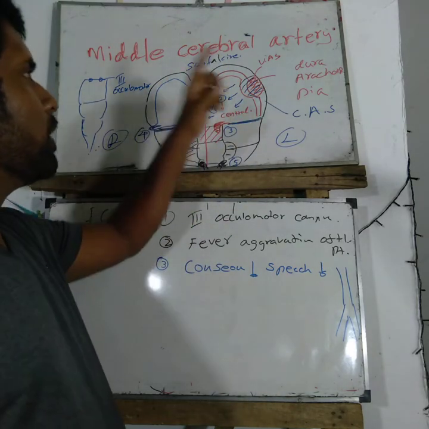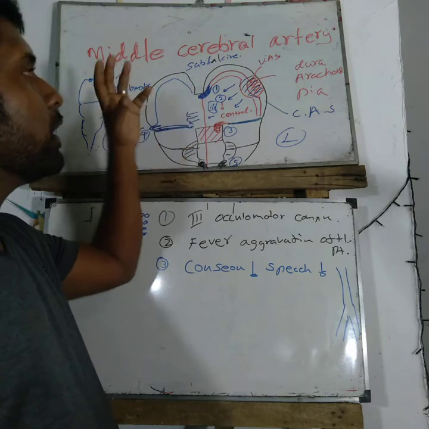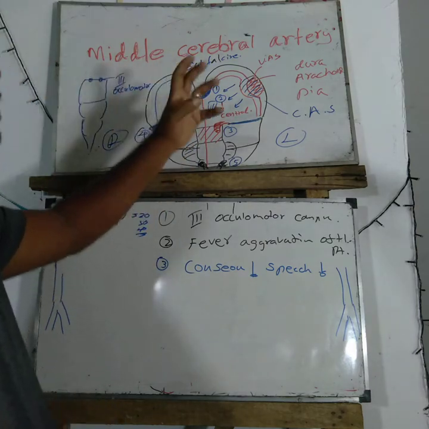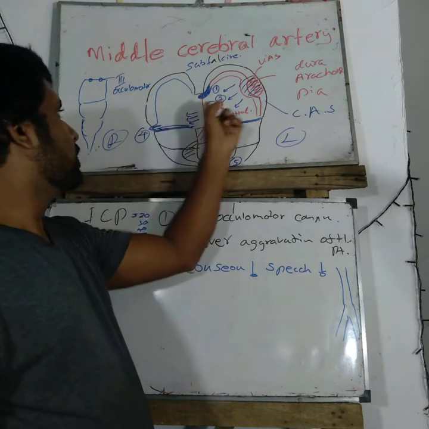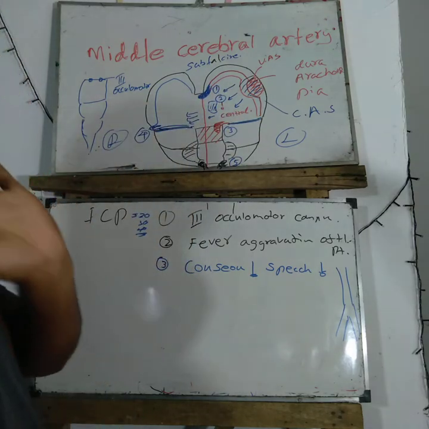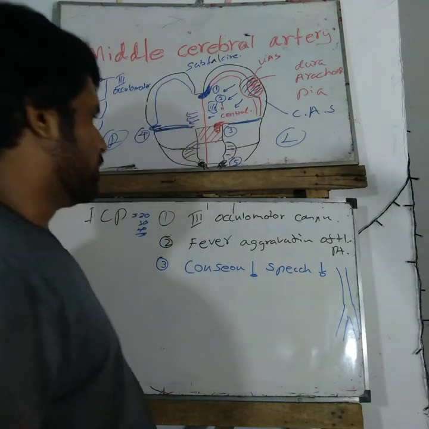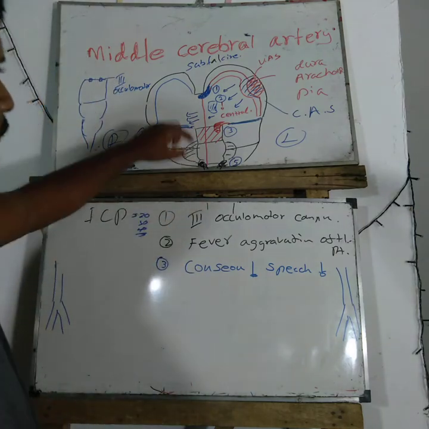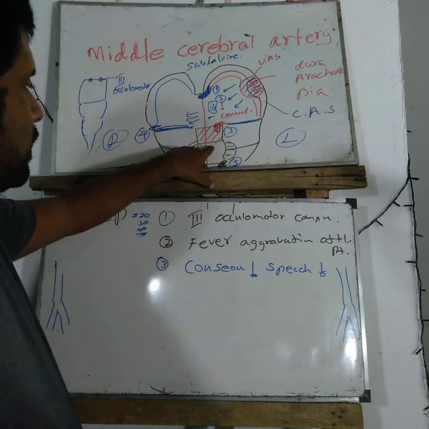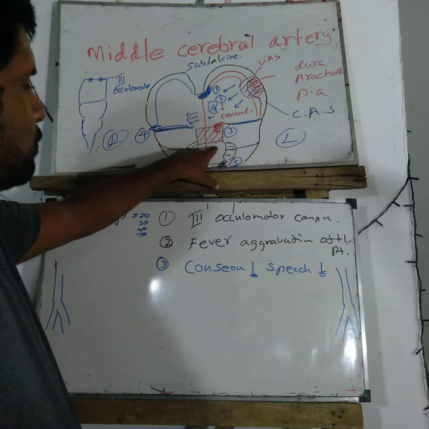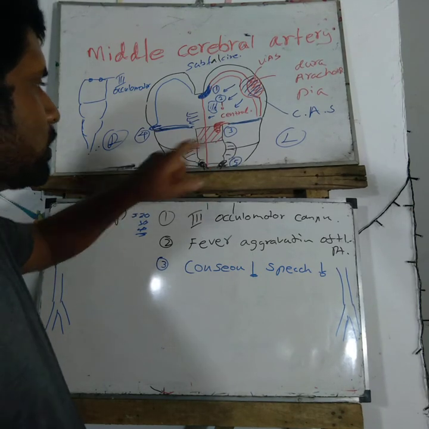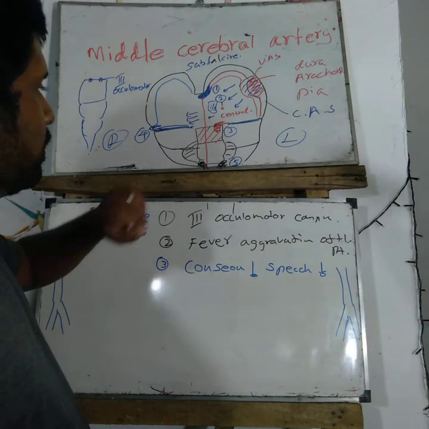The circle of Willis works more highly inside the brain. Due to this reason, the lungs also activate some form of function. The heart also activates some form of function.